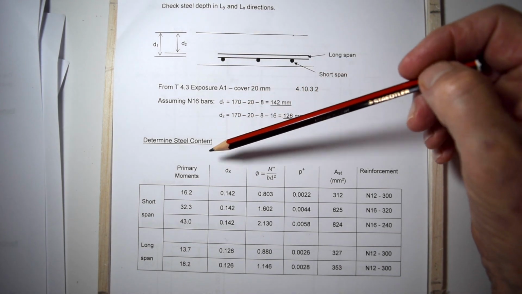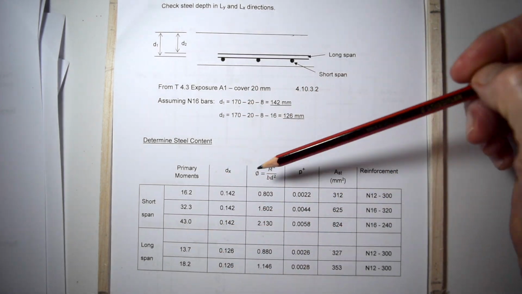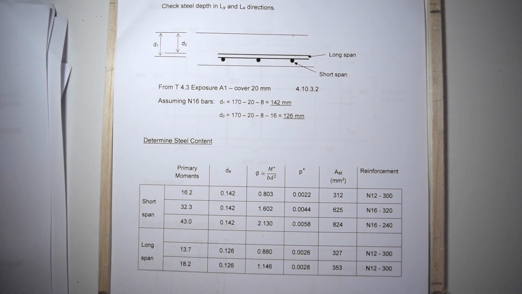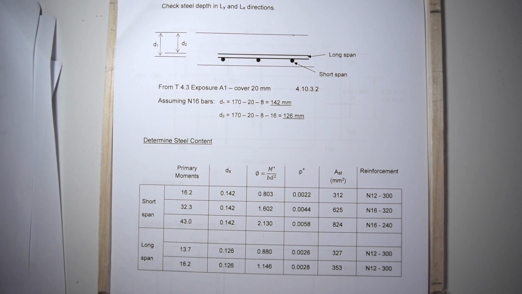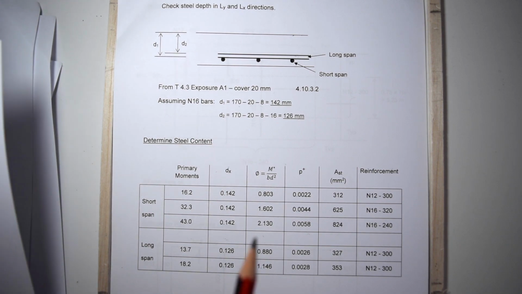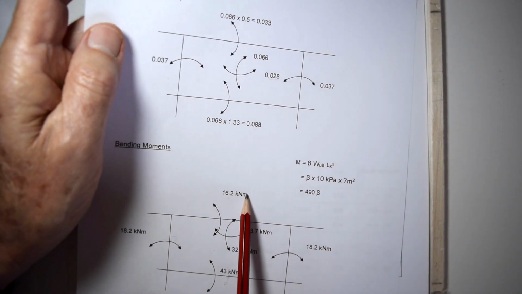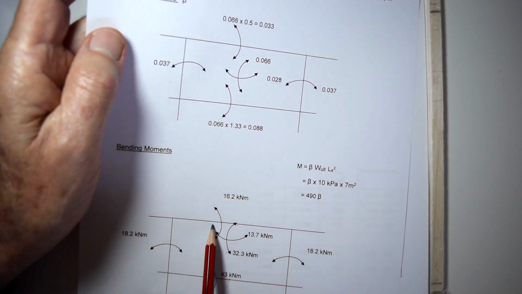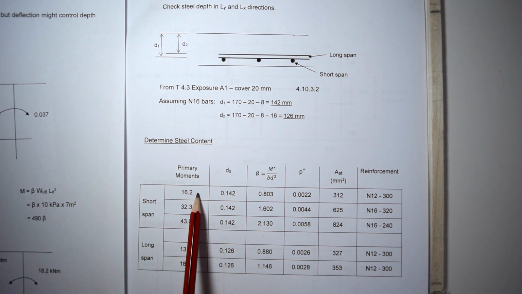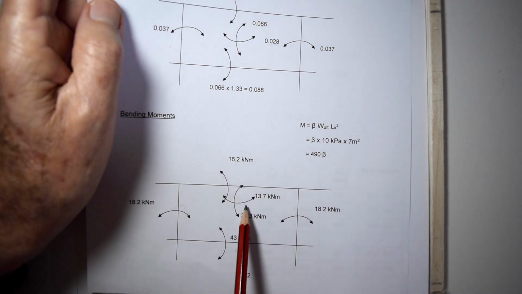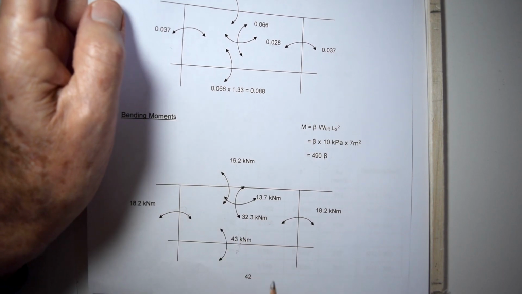We now determine the steel content. So I've drawn up a table there. We look at the short span first, primary moments. You see we've got 16.2 there. That's that negative moment there over the discontinuous edge, that one. The 32.3 is your maximum positive moment in the center of the span.